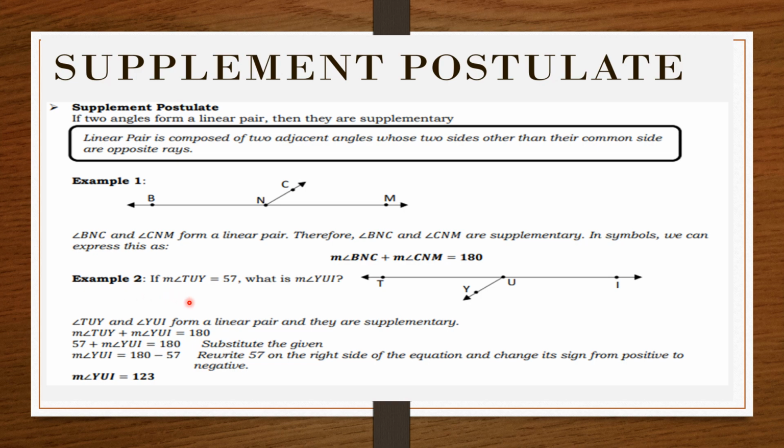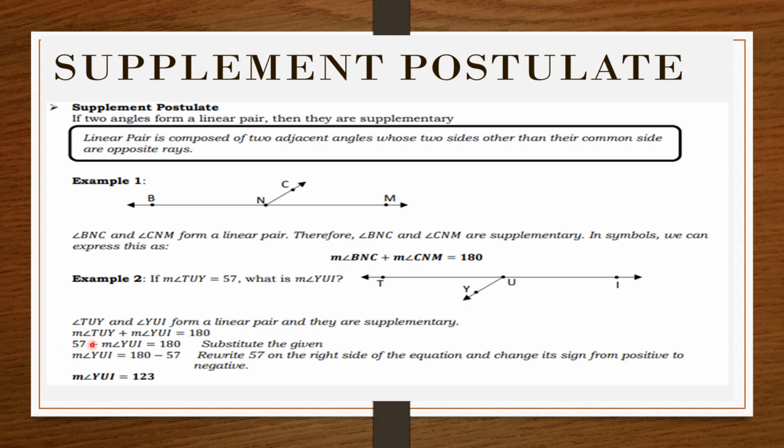Example number 2: if measure of angle TUY is 57, what is the measure of angle YUI? Angle TUY and angle YUI form a linear pair and they are supplementary.